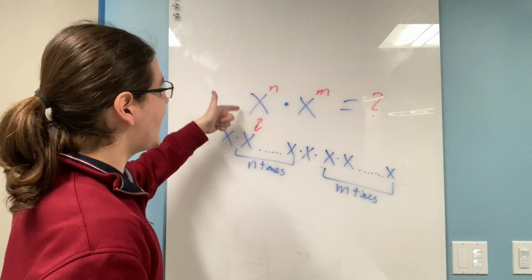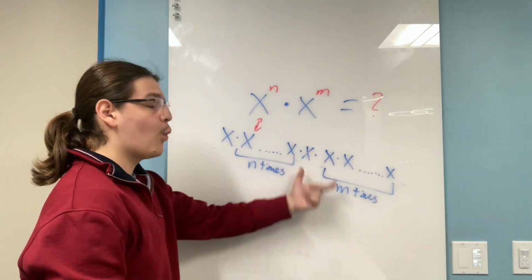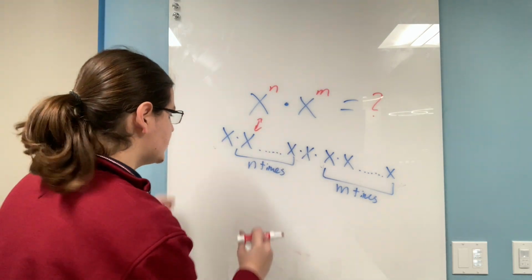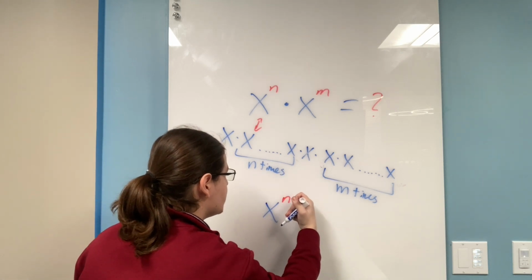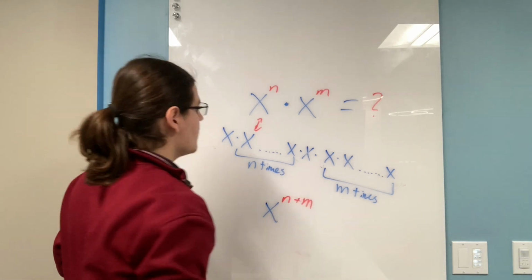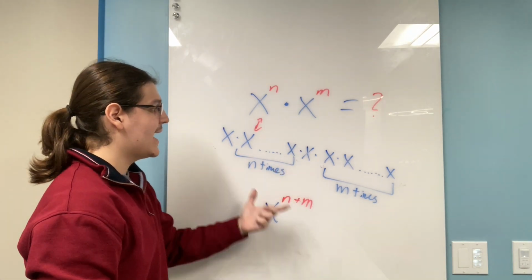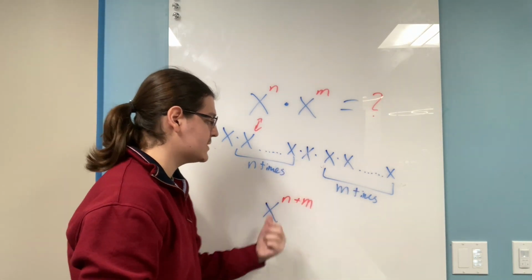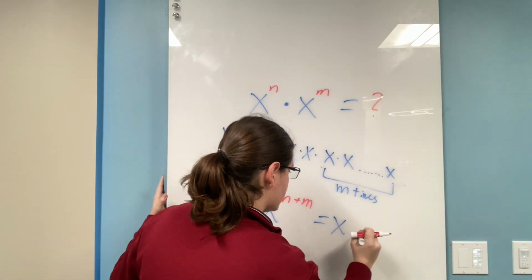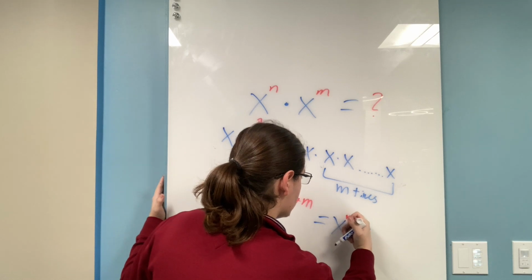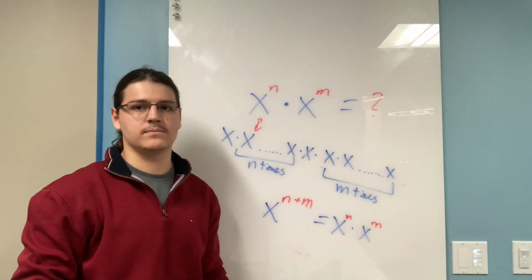Meaning that if we have x to the nth power times x to the mth power, we're going to get this, which is equal to x to the power of n plus m. Because we're going to have x being multiplied n times, and it's going to continue being multiplied m times. So these two statements are completely equal to each other.